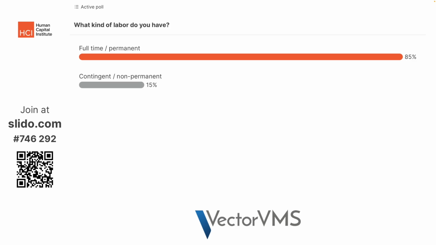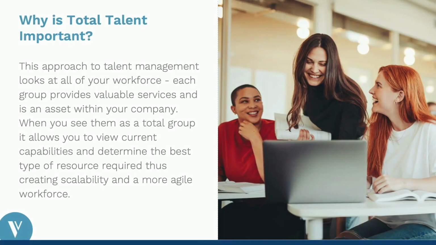Great. Let's talk about why total talent is important. So we mentioned before, this approach to talent management looks at your entire workforce. Each group, whether it's traditional or non-traditional, provides valuable services and should be seen as an asset within your company. So when you group them together and look at them as a total group of talent, it allows you to view your current capabilities that you already may have in-house or contingent and determine the best type of resource required to fill your position.